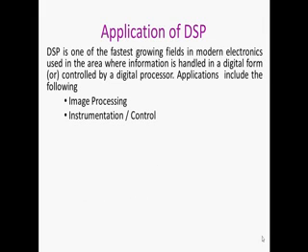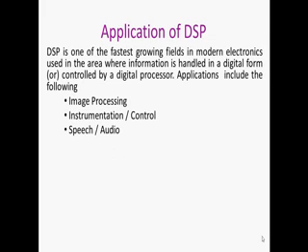You can control the instruments for spectrum analysis, position and rate control. Noise reduction is performed using the processor, and data compression is also controlled with the help of the digital signal processor.